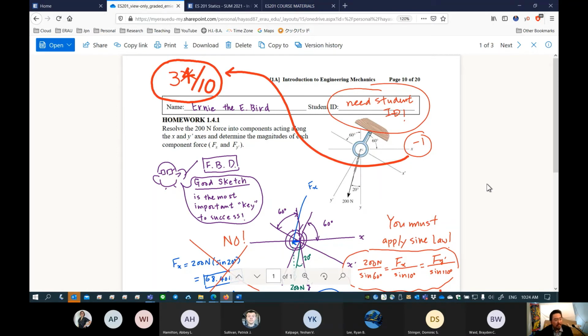You can see the file folder until the due date and time, so you can continuously work on it. If you make a mistake, you can replace it with a new one. But once the due date and time comes in, that file folder will be gone. You can't submit anymore. Do you have any question? If you understood, please raise your hand. If you have a question, feel free to ask.